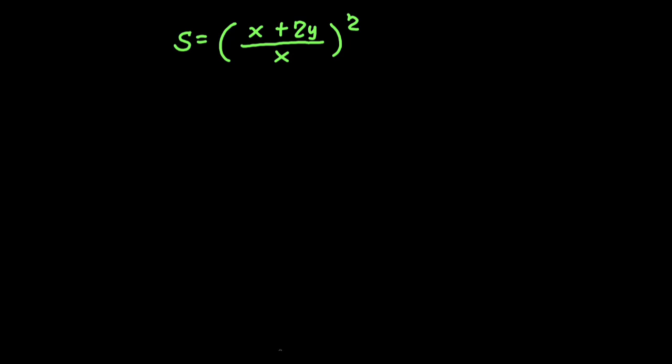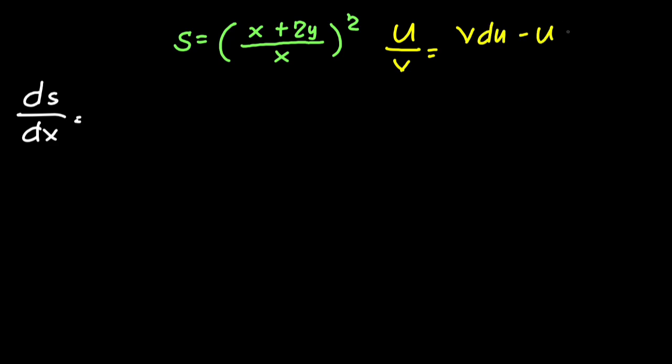s equals x plus 2y over x, all raised to the power of 2. So take the derivative of s with respect to x first. This is a quotient rule. The derivative of a quotient u over v would be equal to v multiplied by derivative of u minus u multiplied by the derivative of v, over v squared.